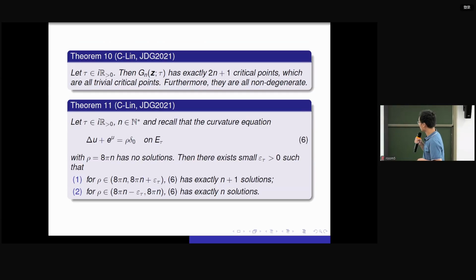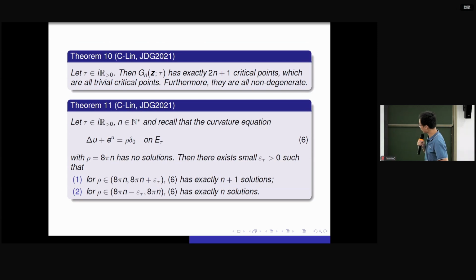For tau purely imaginary, we already said that when rho equals 8 pi times n, this equation has no solution. But we can say if rho is bigger than 8 pi times n, by a small perturbation, then this equation has exactly n plus 1 solutions.